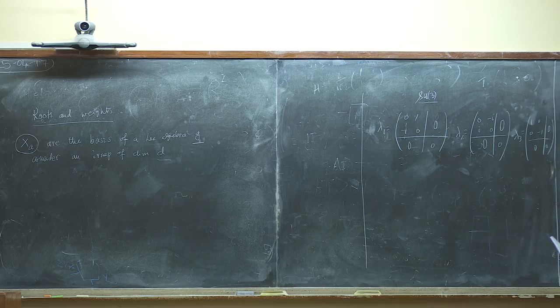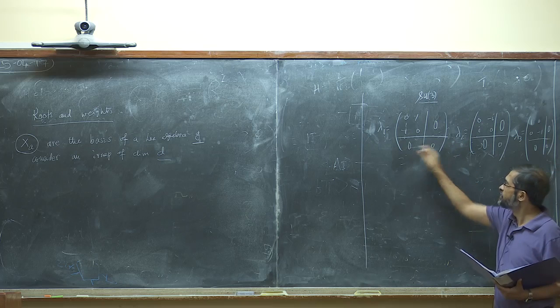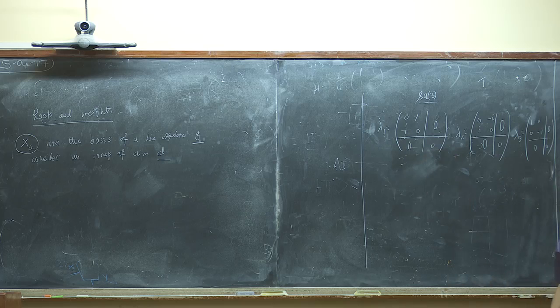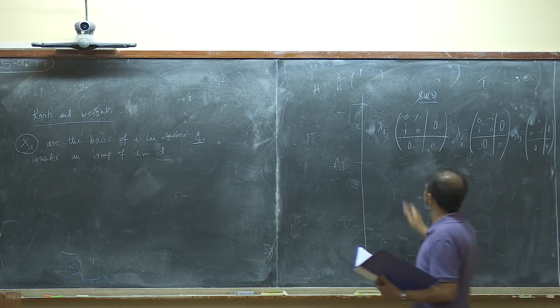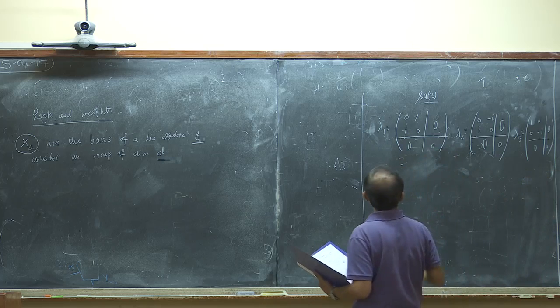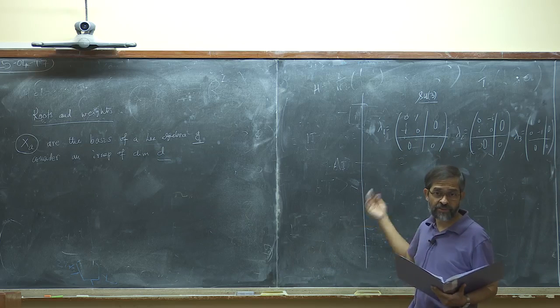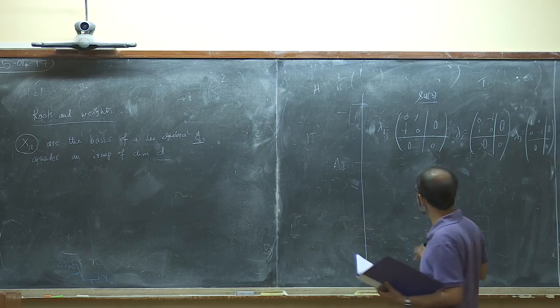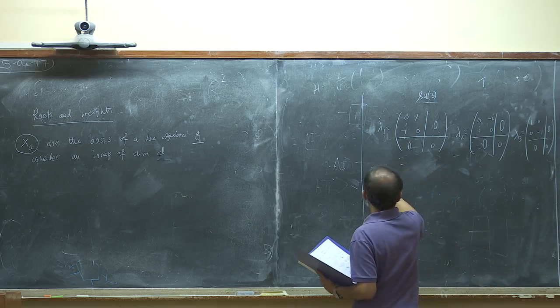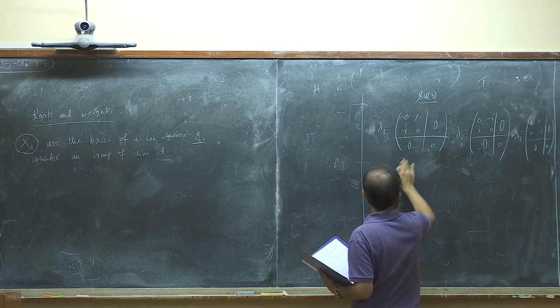Okay, so clearly this is an embedding of SU2 inside SU3, in which this column and this row and this element are not doing anything. Similarly, clearly you can use other planes. Just like you have used the 1-2 plane, you can use 1-3, 2-3, etc. So let me use that notation.